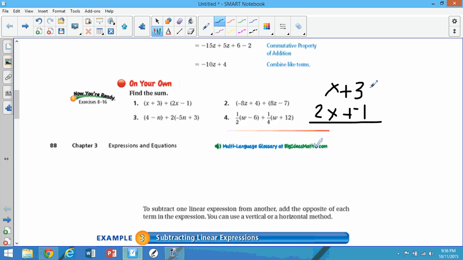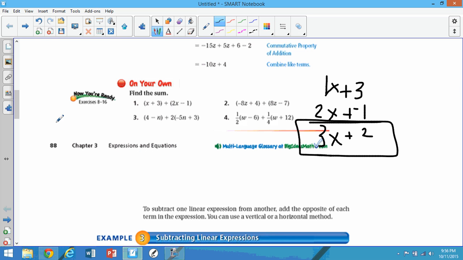Now I add my constants, my numbers. 3 plus a negative 1 is 2, because the signs are different, so we subtract. Then x plus 2x, remember, there's an invisible 1 there. 1 plus 2 is 3x. So our answer is 3x plus 2. If you got that right, wonderful.